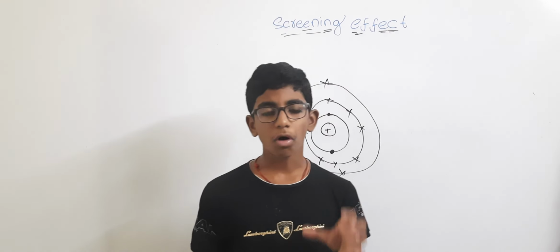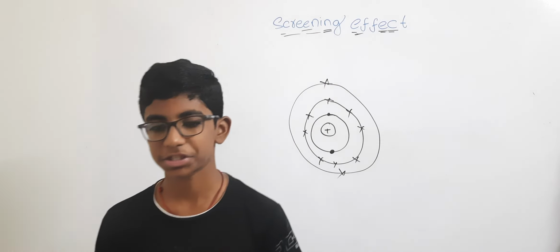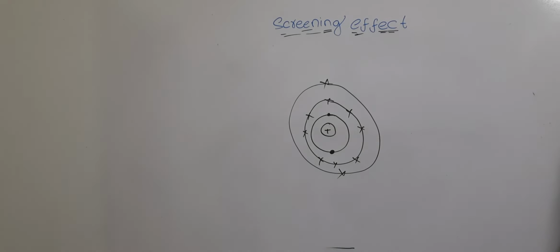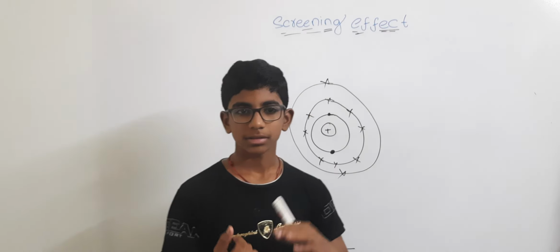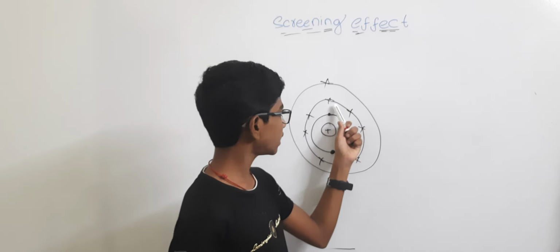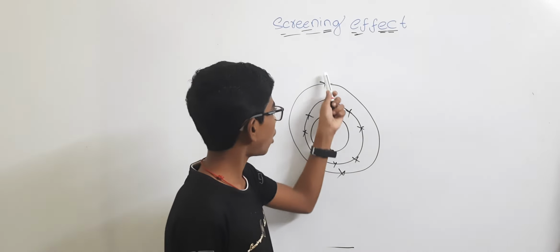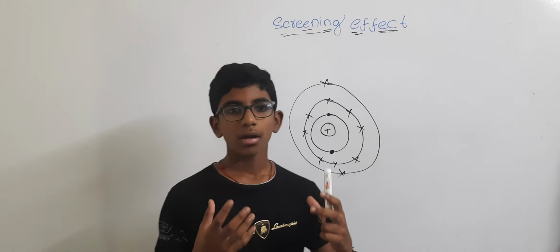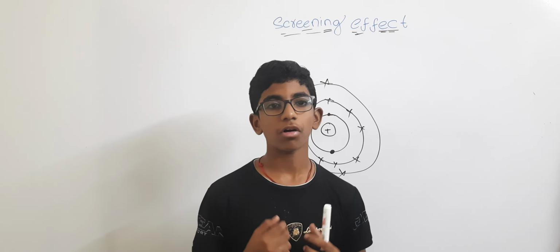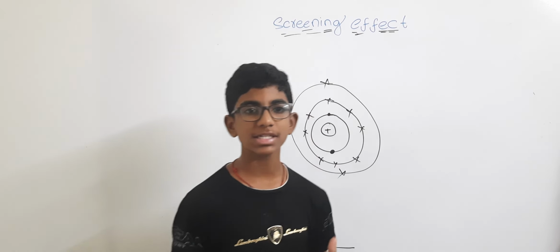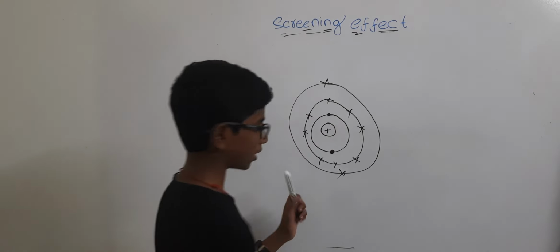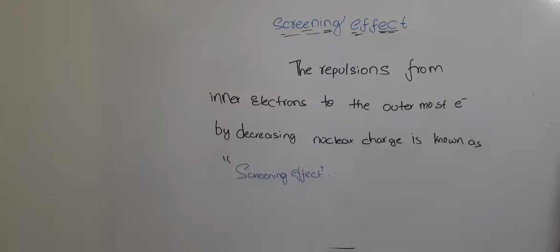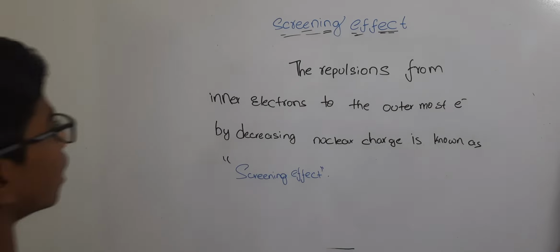What is the definition of screening effect? The repulsion from the inner electrons to the outermost electrons is known as the sealing effect or screening effect. Now we will discuss the screening effect deeply. I am rubbing this out and writing the definition.